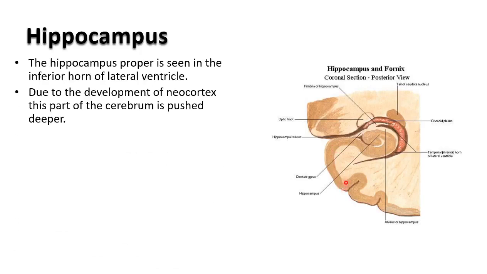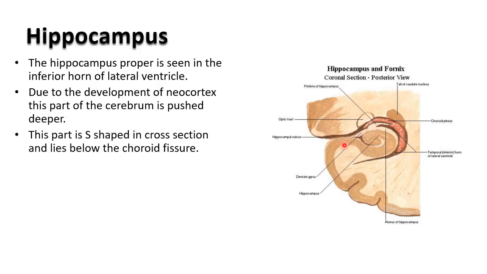It was usually present here but has been pushed medially, deeper, due to the neocortex which has developed, and because it is pushed inside it has formed a seahorse-like structure called the hippocampus. It is S-shaped, and medially it is covered by the tela choroidea of the inferior horn of the lateral ventricle.